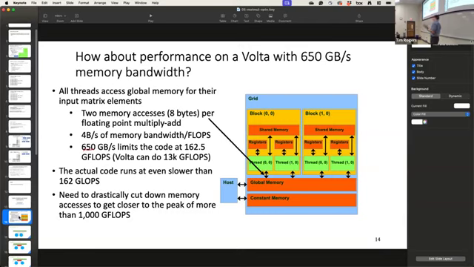If you don't have enough of the integer pipeline stuff to keep up with the demands of the memory pipeline feeding the floating point pipeline, then you have problems. But we're assuming that's free. Okay. Other question? Yeah.